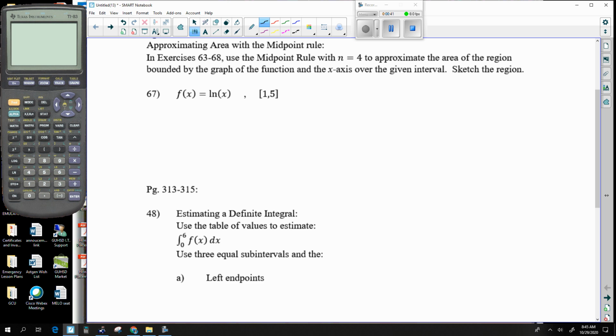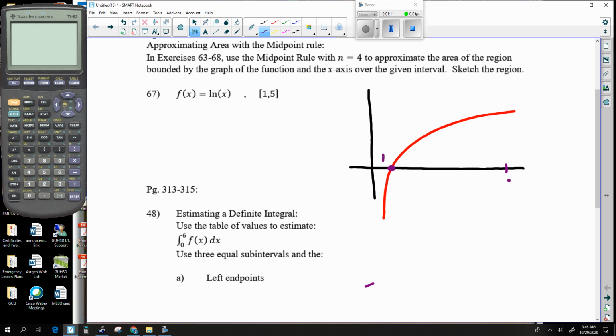So here we go. Let's draw a picture to understand this. An ln looks like this, a line that you drop a log on. And so we want to see this from 1 to 5.